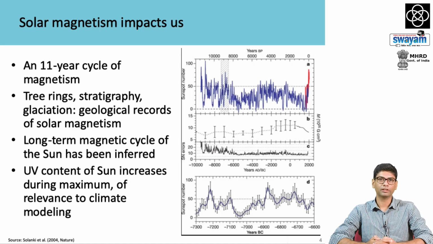And what's really interesting is that you can go back nearly 10,000 years by drilling ice cores and looking for specific isotopes that are sensitive to cosmic rays. During periods of high magnetic field, the entire heliosphere is sheathed by the magnetic field of the Sun, and cosmic rays are deflected away.